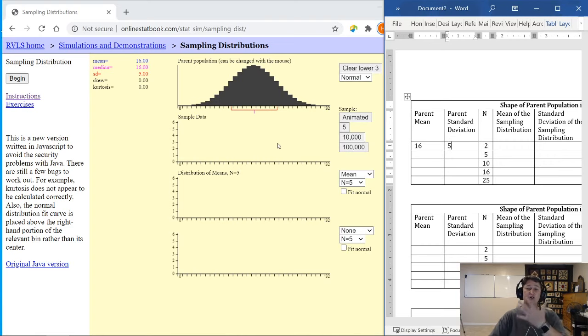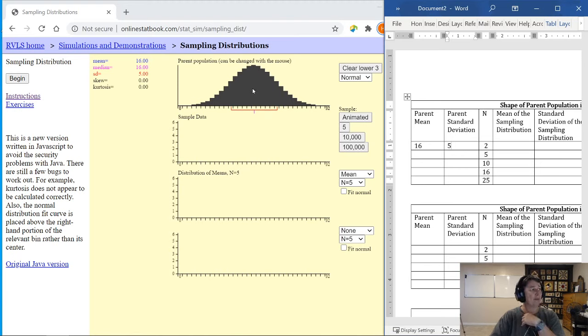Then, once I have those 5 heights, I'm going to add them up and find the mean of my sample data. And that mean, I'm going to drop down into this third little spot to make a whole new distribution of those means.